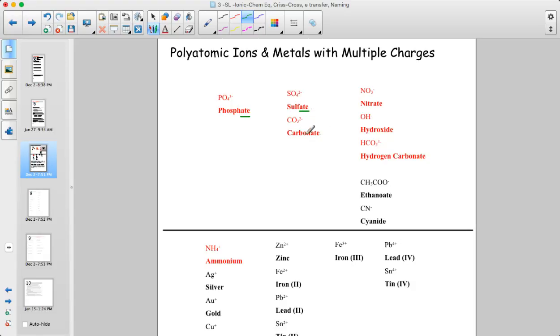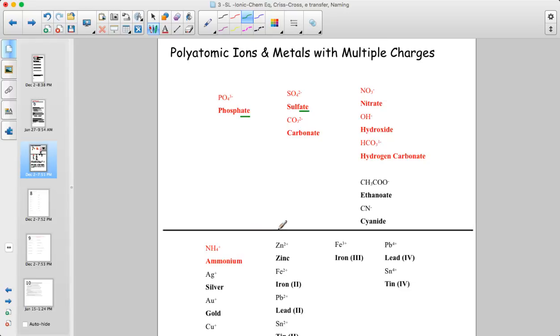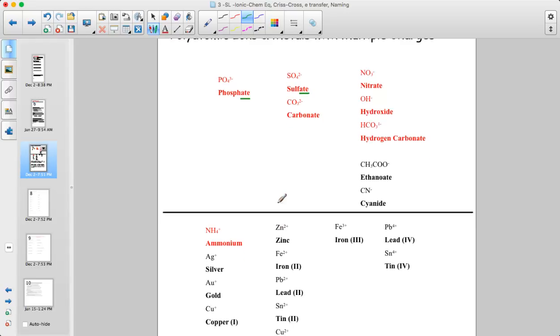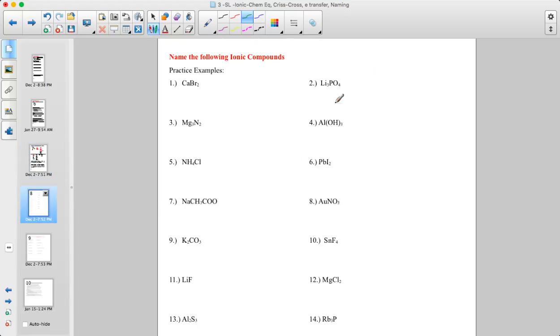Then carbonate, nitrate. Hydrogen carbonate is the same as carbonate but with a hydrogen stuck onto it. This is called hydroxide. This positively charged one is called ammonium, NH4+. So you do have to memorize them and their charges, but when we actually use them in names, they really work the same way.